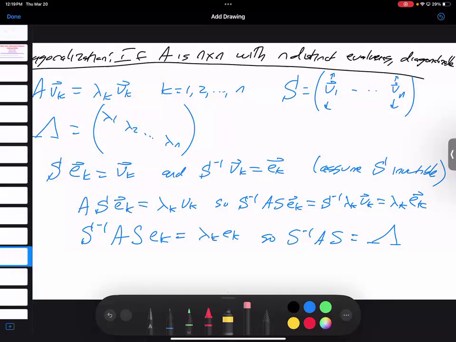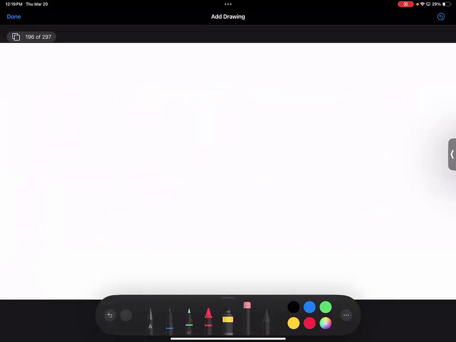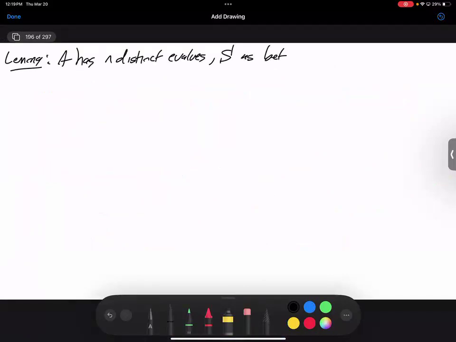We now need to prove S is invertible. Lemma: if A has n distinct eigenvalues and S is as before, then S inverse exists.